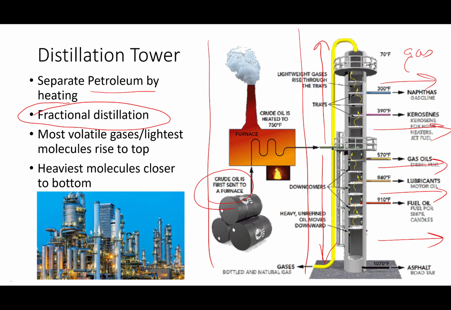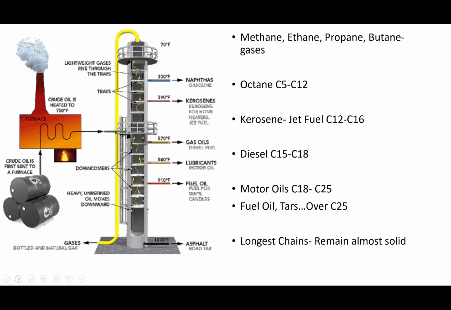So up near the top of the fractional distillation, you are going to get the lightest molecules, things like methane that are in your stove, propane that you're going to use for your grill, butane that's going to be in your lighter. Now, these are both gases at room temperature, but under pressure, they're liquids.